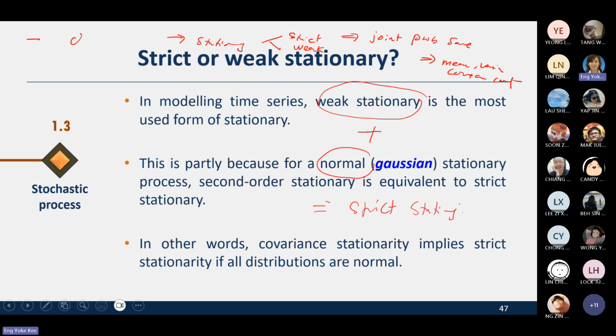There is no way we can measure strict stationary directly, but we can measure it in an indirect pattern. If your data is weak stationary and normally distributed, it implies that your data is strictly stationary.